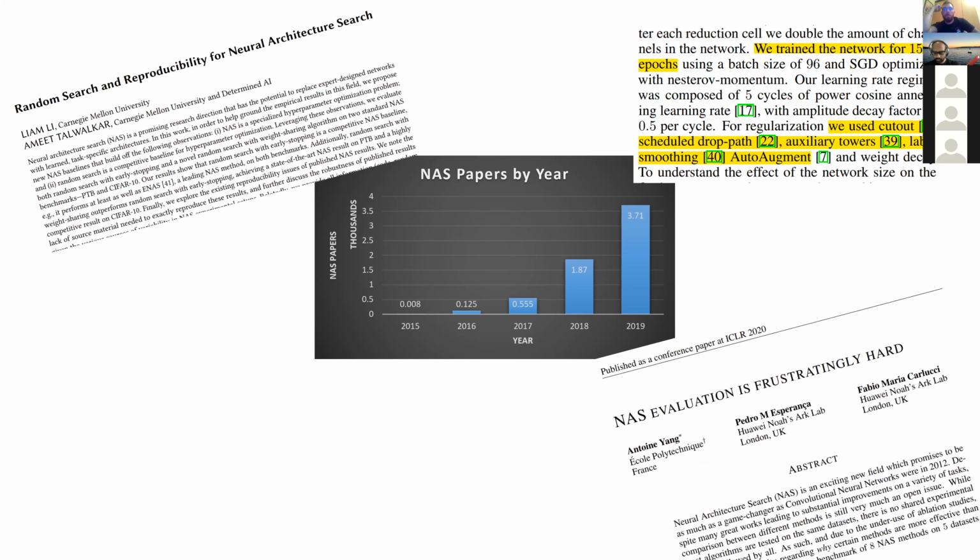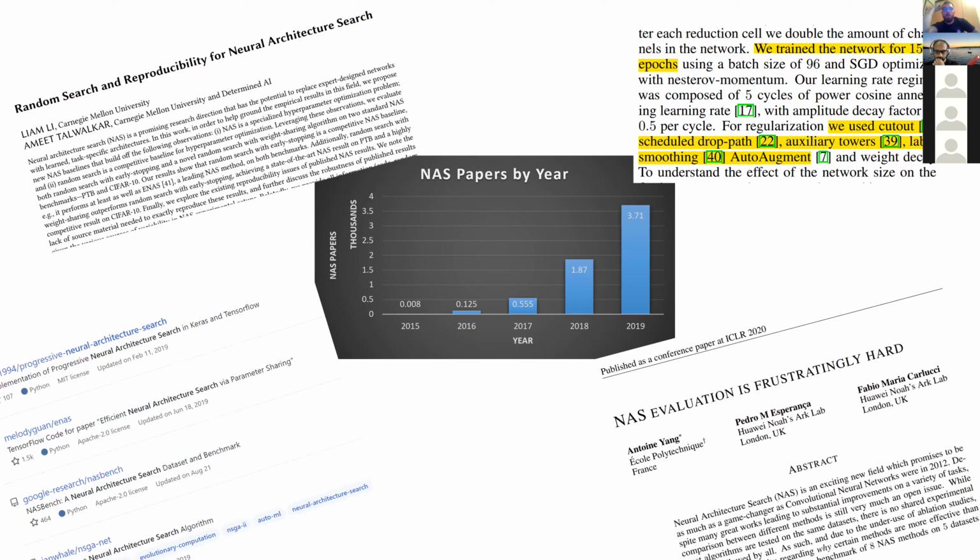So there have been papers asking, how do we make fair comparisons? How do we make sure that all these algorithms are on the same starting platform? Also, all this code has been distributed in many different GitHub repositories with very different coding styles.